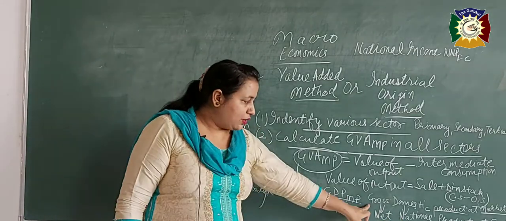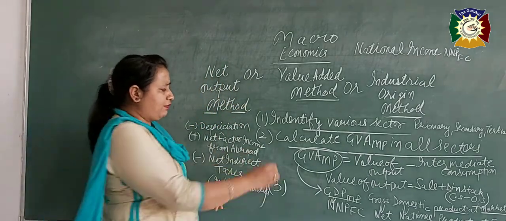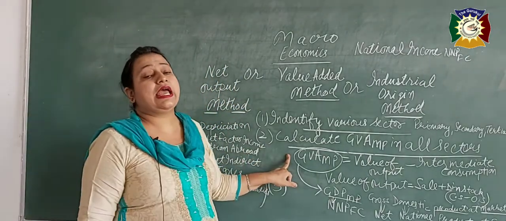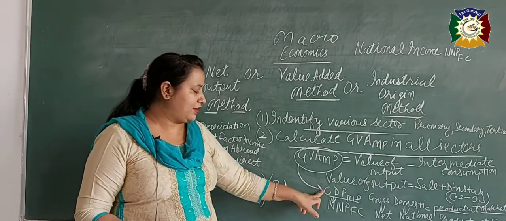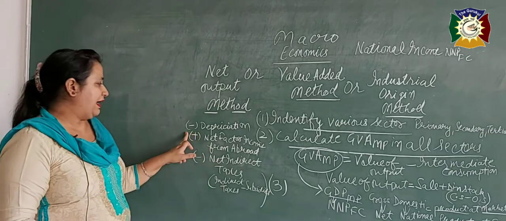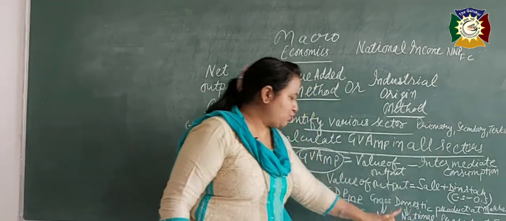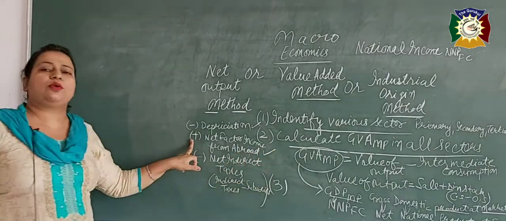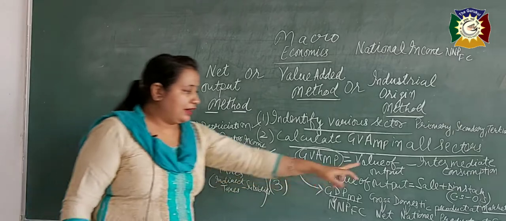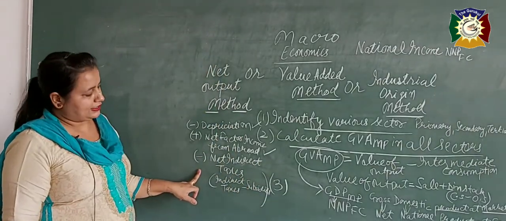Next, gross domestic product at market price is another name of what? GVA-MP. So, how will you convert? We shall convert gross to net by minus depreciation, domestic to national by adding net factor income from abroad, and MP to FC by minus net indirect taxes.